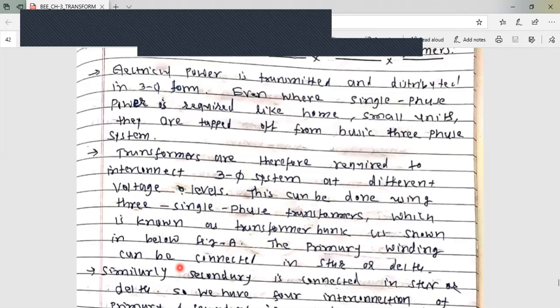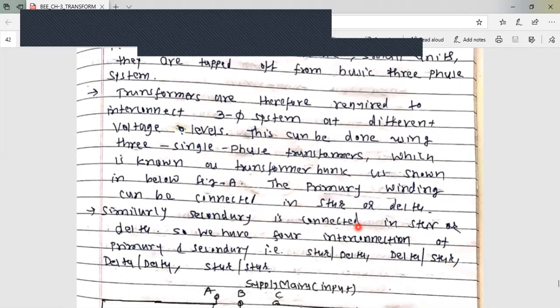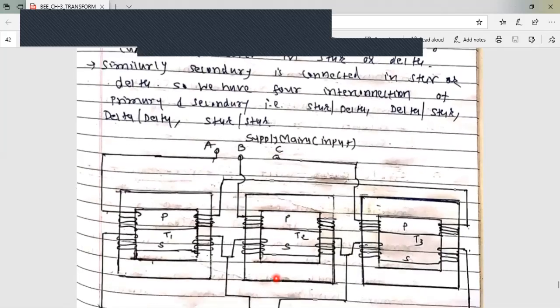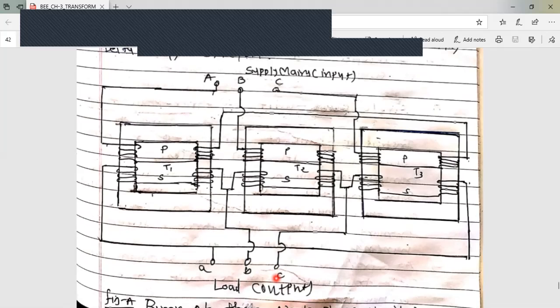The primary winding can be connected in star or delta. Similarly, the secondary is also connected in star or delta. So we have four interconnections of primary and secondary: star-delta, delta-star, delta-delta, and star-star.